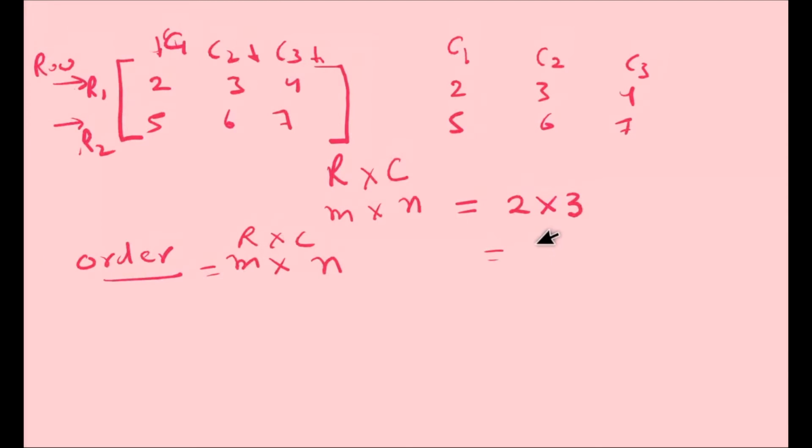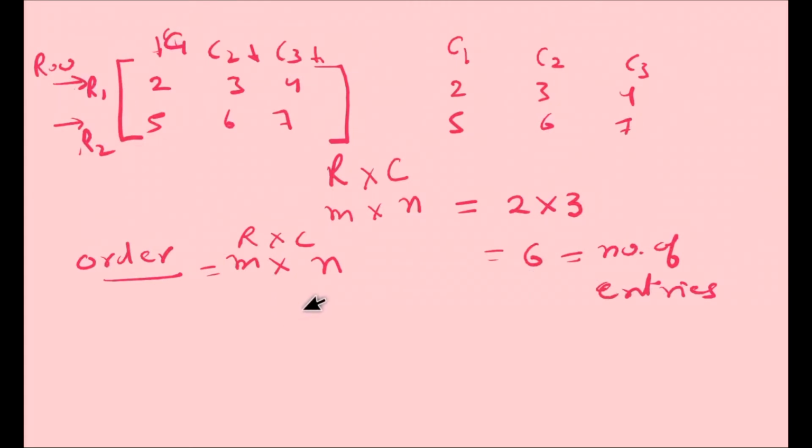Now if you multiply this, you can count 1, 2, 3, 4, 5, 6, and the result tells the number of entries, or members, the meaning is the same. This is the order, and the product of this tells the number of entries.